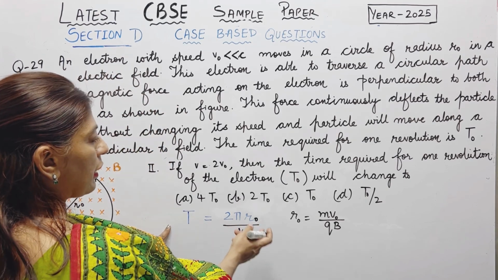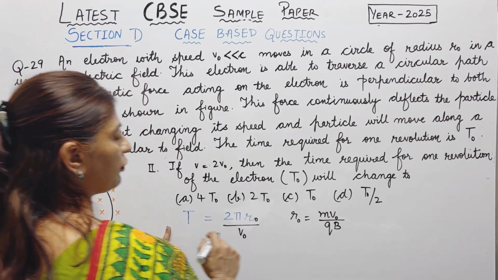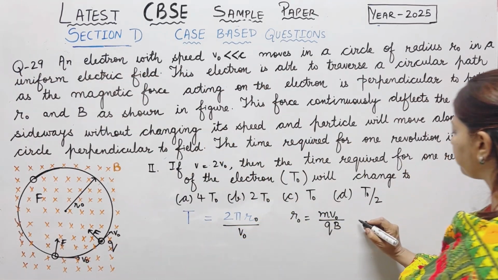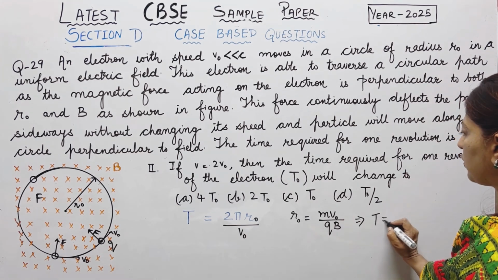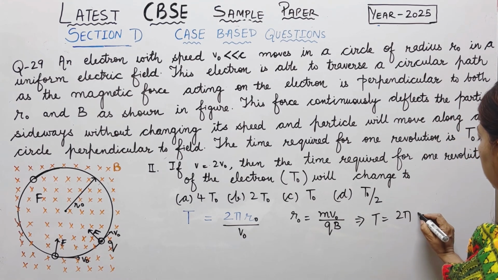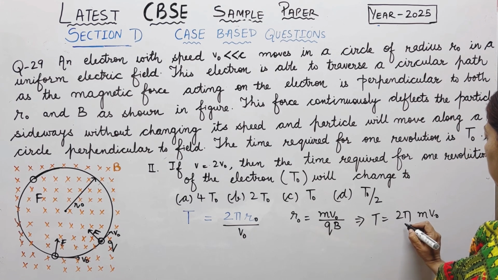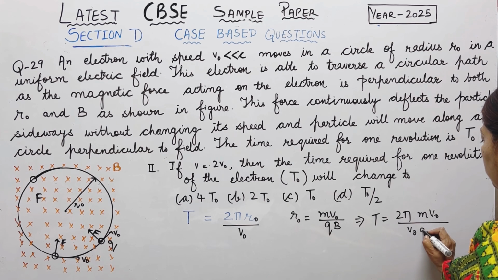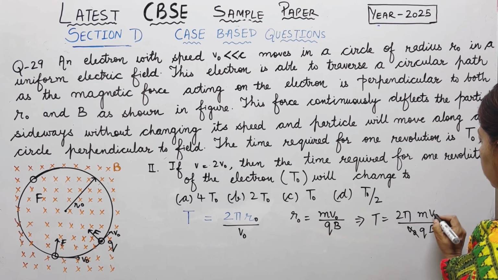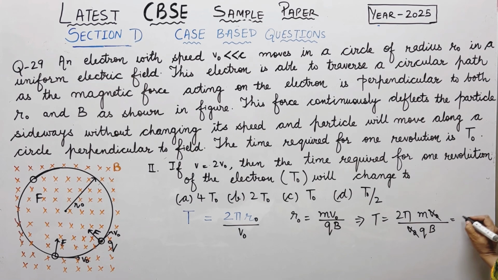So putting the value of r naught in the formula of time period, we have T is equal to 2 pi m v naught upon v naught qB. So this cancels out and this comes out to be equal to 2 pi m upon qB. So if you look at the formula of the time period, it is equal to 2 pi m upon qB. It does not have the velocity component in it.